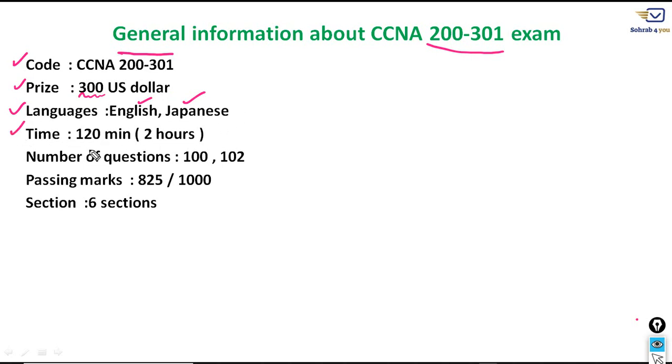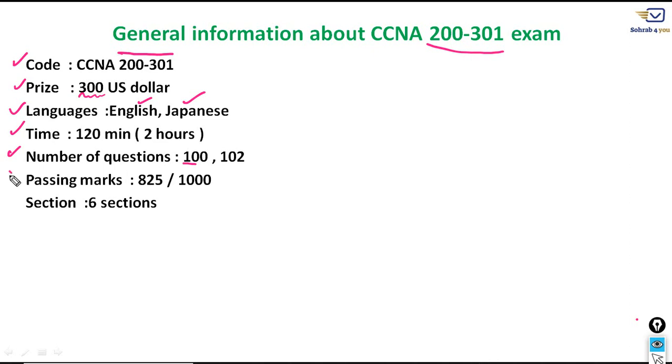How much time are you going to be given for your exam? It is 120 minutes, which is equal to about 2 hours. So you have 120 minutes to finish your exam. The number of questions is mostly about 100, or sometimes 101 or 102 questions in your exam.